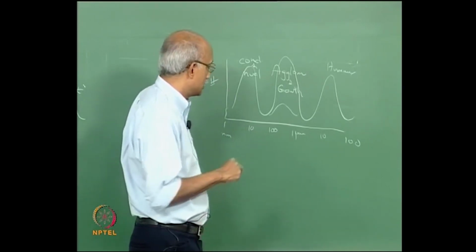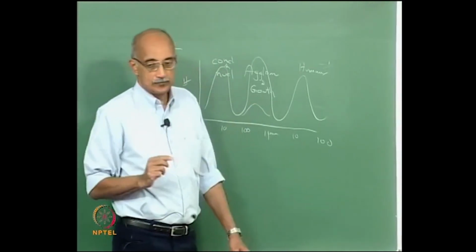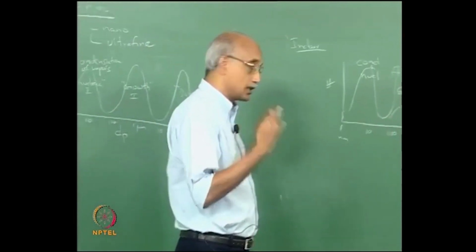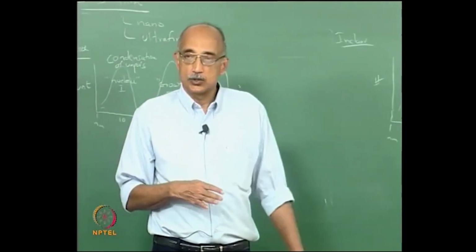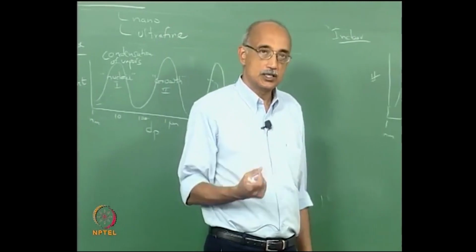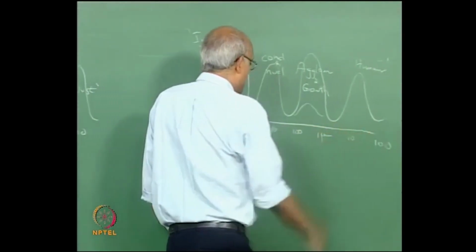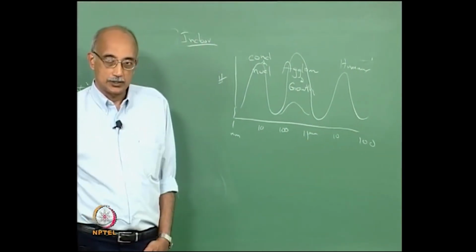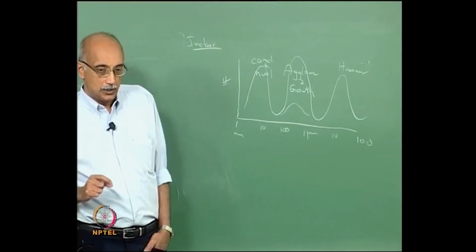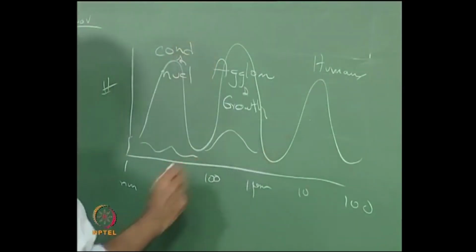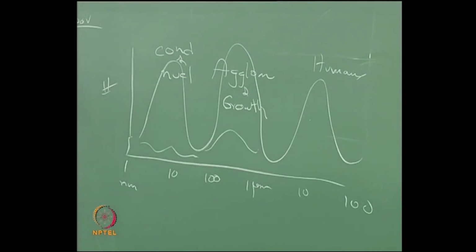So clearly, particles that are present either in an outdoor environment or in an indoor environment, either in a controlled environment or in an uncontrolled environment, all have distinct sources of particles that are spread across this entire size spectrum. And that is why it is important to measure particles that are below 100 nanometers, because otherwise you are going to miss these very, very fine droplets and particles that are present.